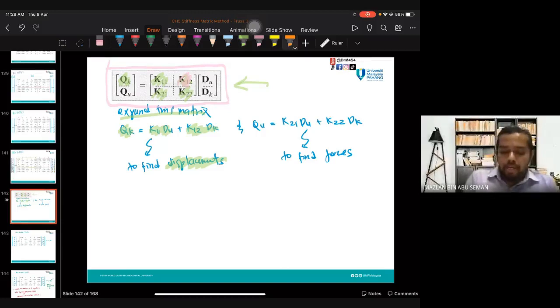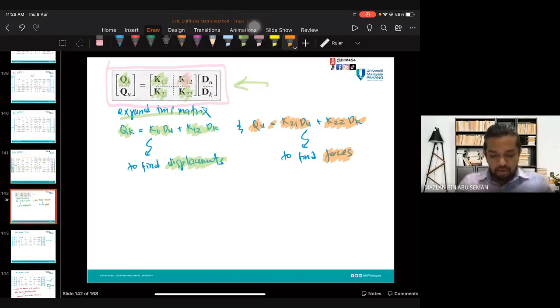Then we expand the next one, we get QU equal to K21 du plus K22 dk. We solve this, we can get forces. Is it clear? Hopefully you learned how to expand a matrix previously, maybe in numerical methods or ODE.